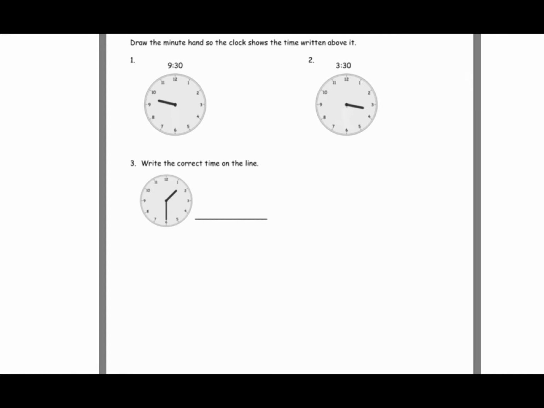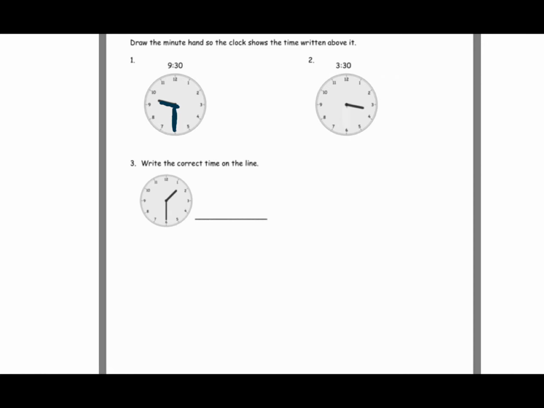Okay, boys and girls, the first time that it shows is 9:30. I'm sorry, show my hour hand here. It's not at the 9. It's not at the 10, so it's still 9:30. And when it's 30, I point my clock down to the bottom, 9:30. So that's 9:30 right there.